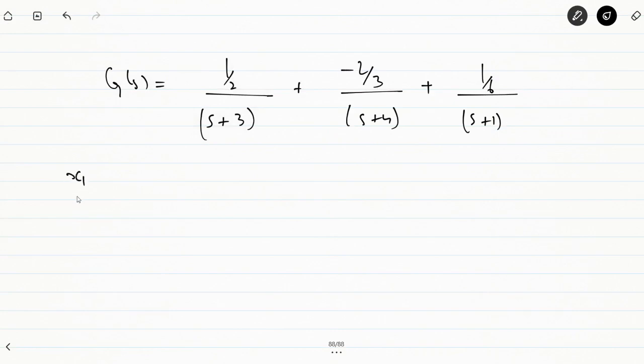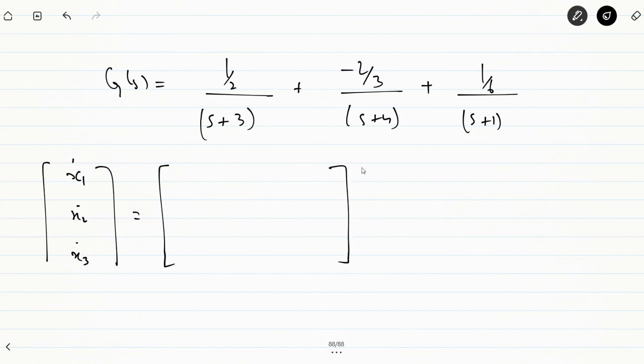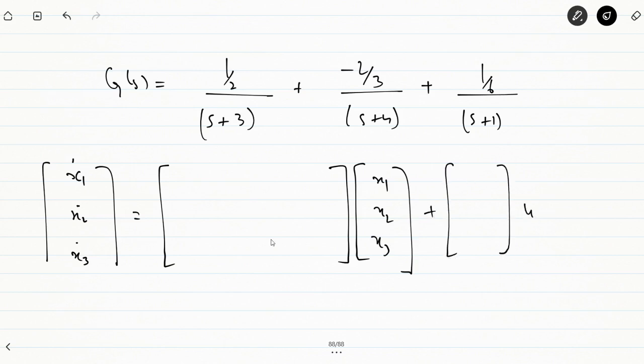So you can directly now say x1 dot, x2 dot, x3 dot will be equal to something times x1, x2, x3 plus something times u, while y is equal to something times x1, x2, x3 plus something times u. फाइन. तो यहाँ पे बीटा नॉट तो ज़ीरो है, तो ये ज़ीरो ही आएगा.